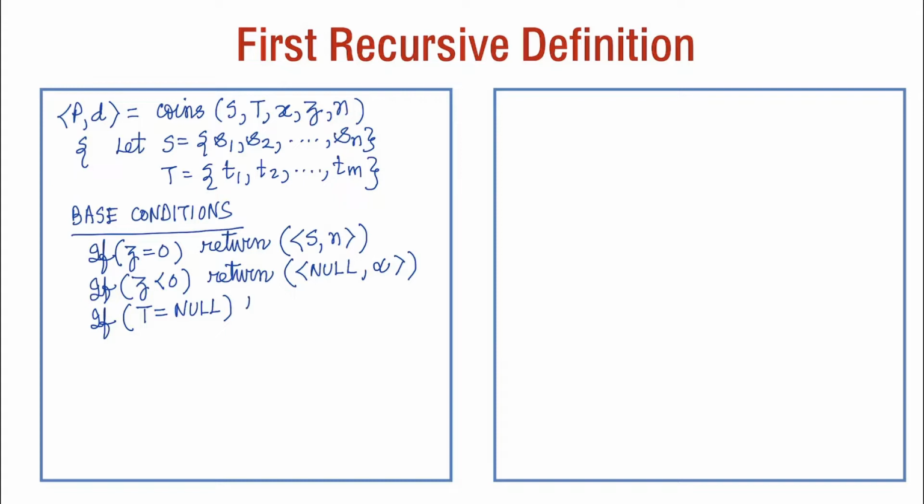So in this case again we return a failure, saying that there is no solution, because T has become null but z is non-zero. That means we still have some remaining value to get. Now if that is the case, let us see what our recursive condition will be.